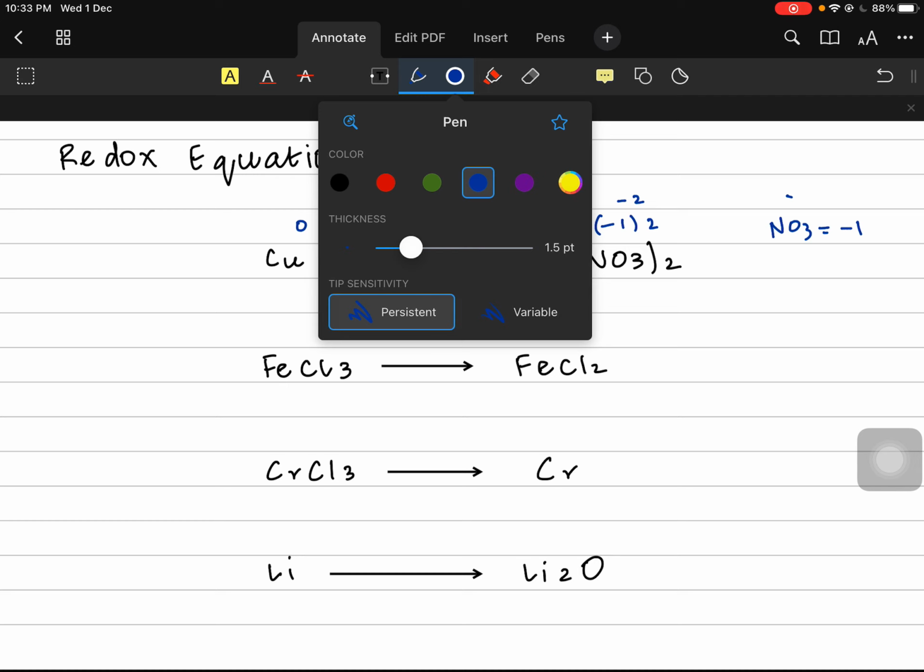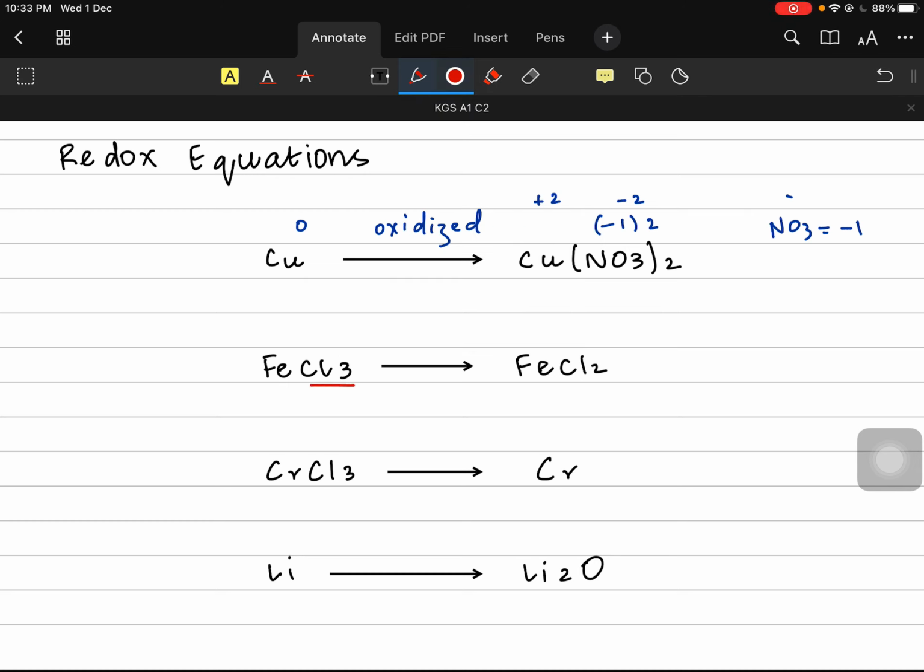Let's look at the iron. Iron was previously with 3 Cls. Each Cl is -1, so 3 Cls have to be -3. Iron, to counter it, has to be +3. So iron has an oxidation number of +3 in the beginning. By the end, it's only 2 Cls, which means double -1, and iron has to be +2 to counter it.